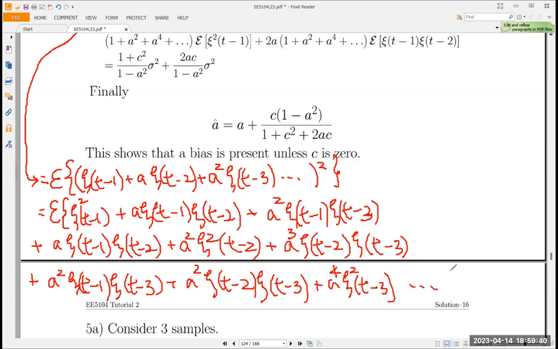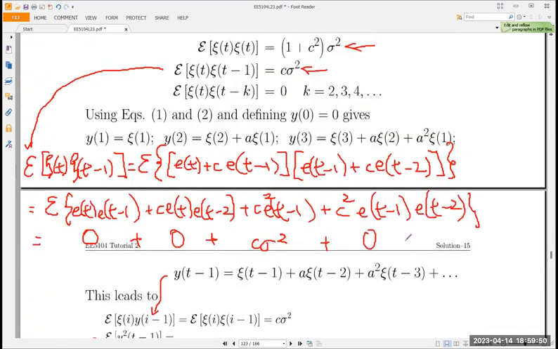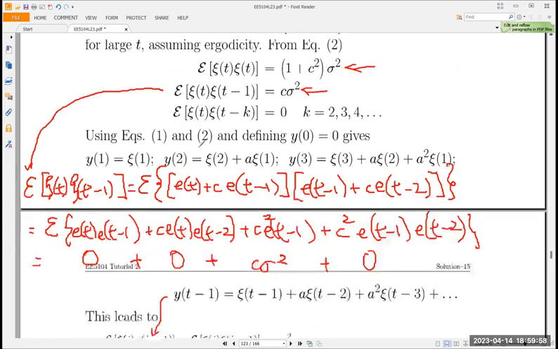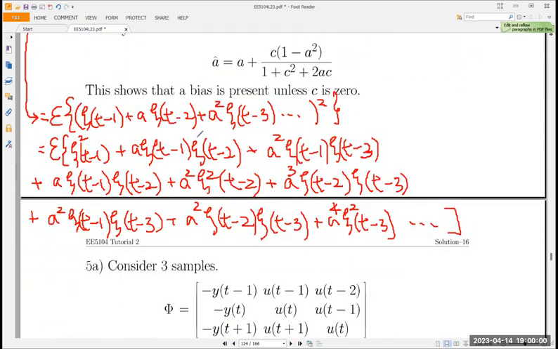And so on. If the indices differ by 2, we previously showed that it is 0. If the indices differ by 1, you get c sigma squared. If it is a square, then you also get a value here. So this one you get a value, this one you get a value, this one you get 0.